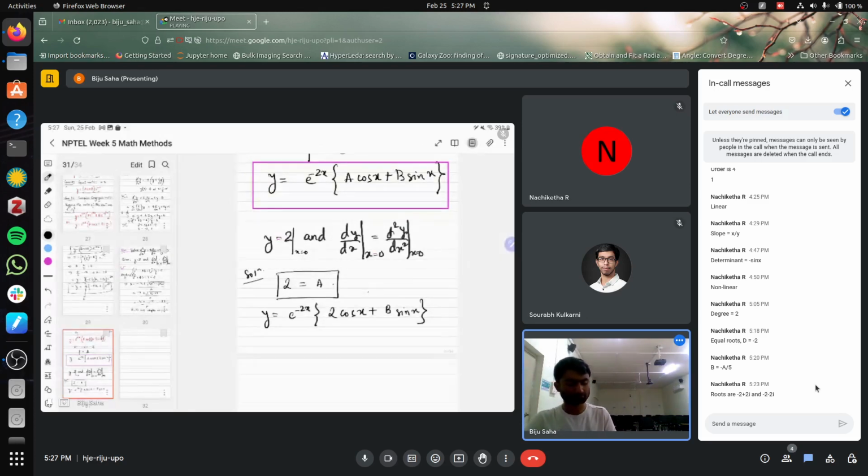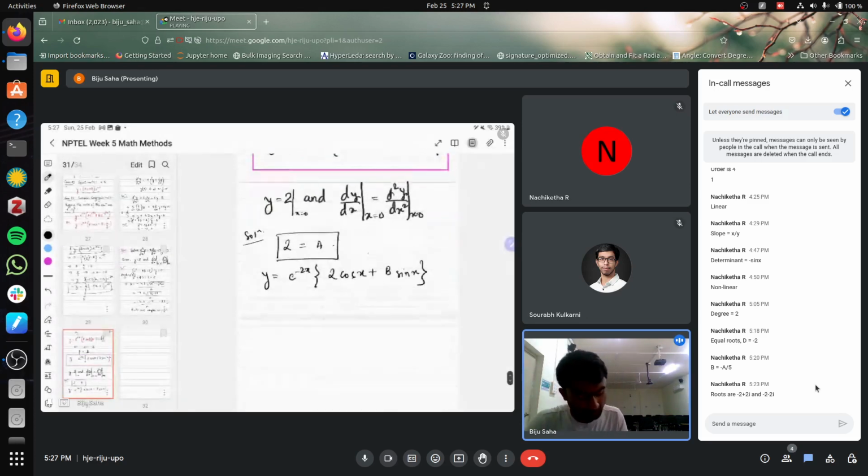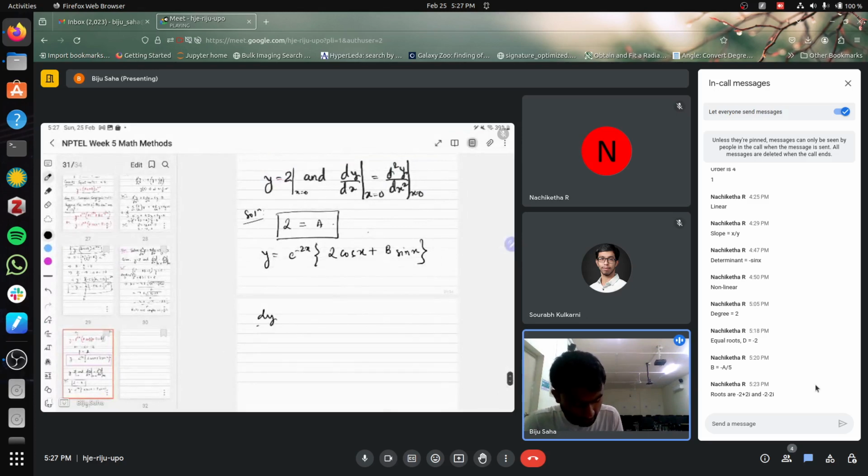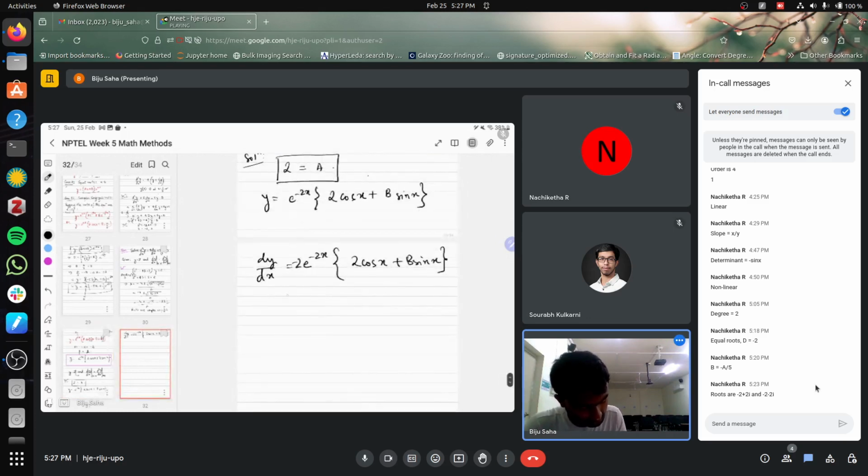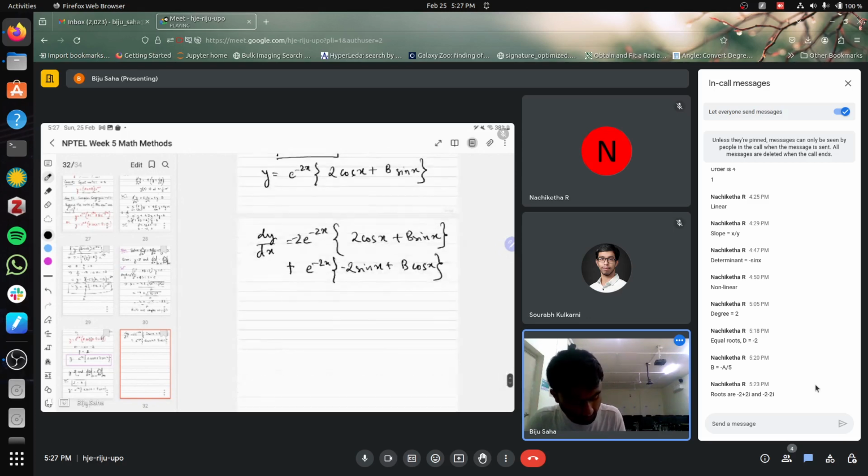Rewriting your equation. The next condition: dy by dx would be minus 2 times. We have to find dy by dx at x equal to 0.